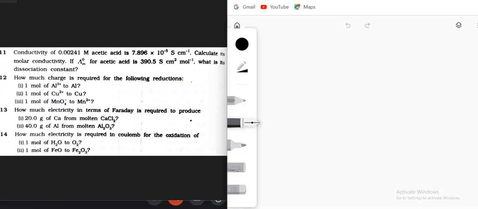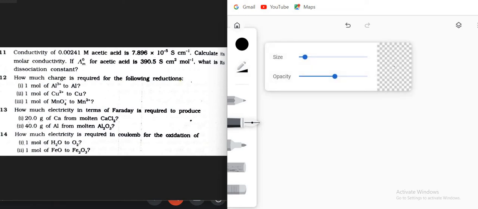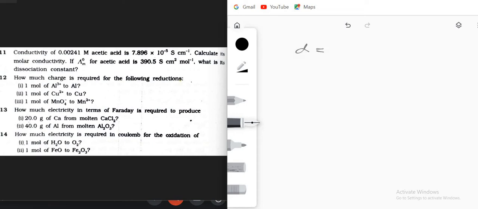You know very well, degree of dissociation alpha can be given as molar conductivity at a given concentration divided by molar conductivity at infinite dilution. Once you know alpha, you can calculate Ka. According to Ostwald dilution law, Ka is equal to alpha square C by 1 minus alpha.